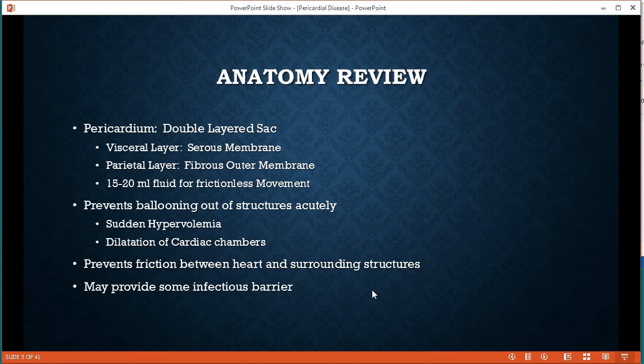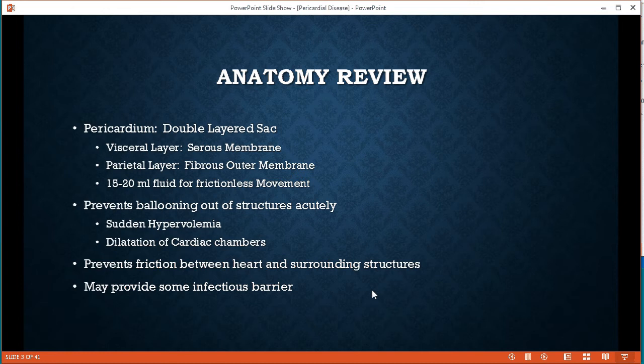You do have anywhere from 15 to 20 milliliters of fluid that allows for frictionless movement, even up against different structures in the mediastinal area. It also prevents ballooning if you have somebody who is running or has some type of issue where they have sudden hypervolemia, sympathetic surge, or some type of dilatation of the cardiac chambers.